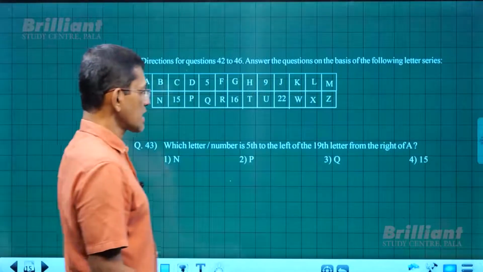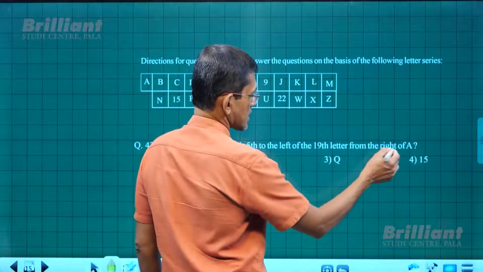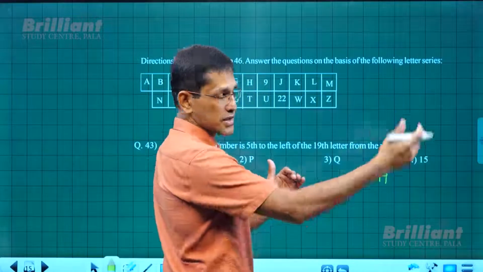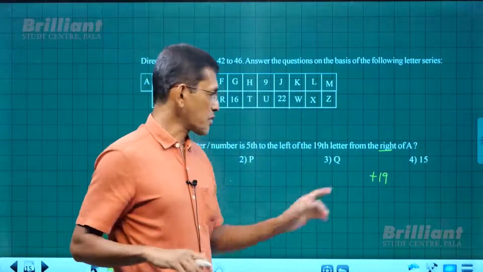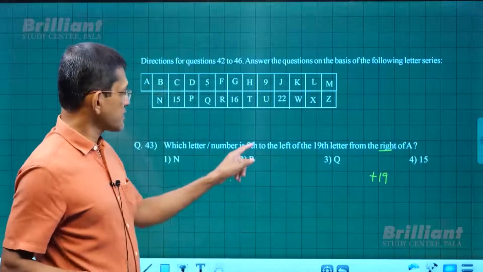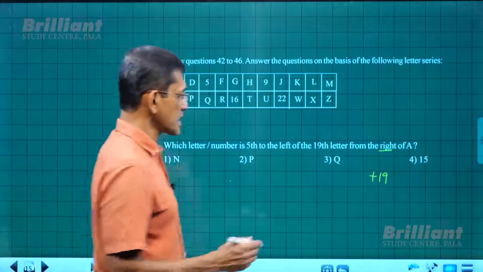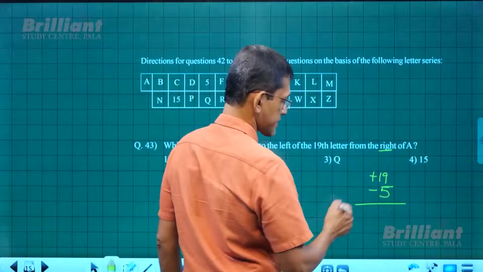The best way to deal with this question is, anytime we go right it increases, so we take it as plus, so plus 19. And 5th to the left, when you go left it decreases, so we take it as minus. So plus 19 minus 5.